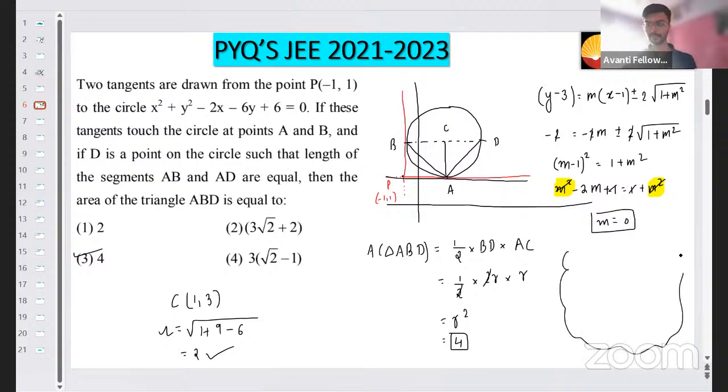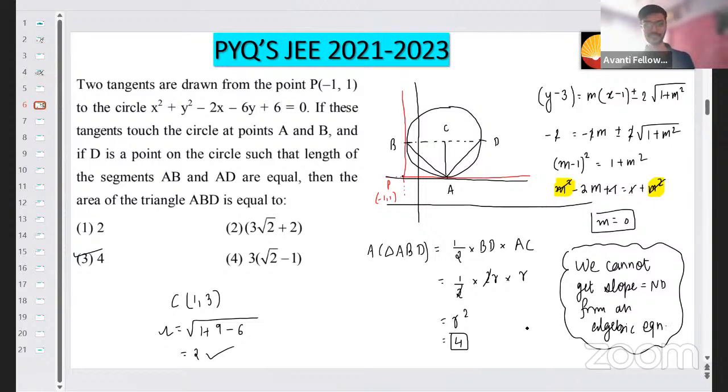So let me write it here. We cannot get slope equals to not defined from an algebraic equation.